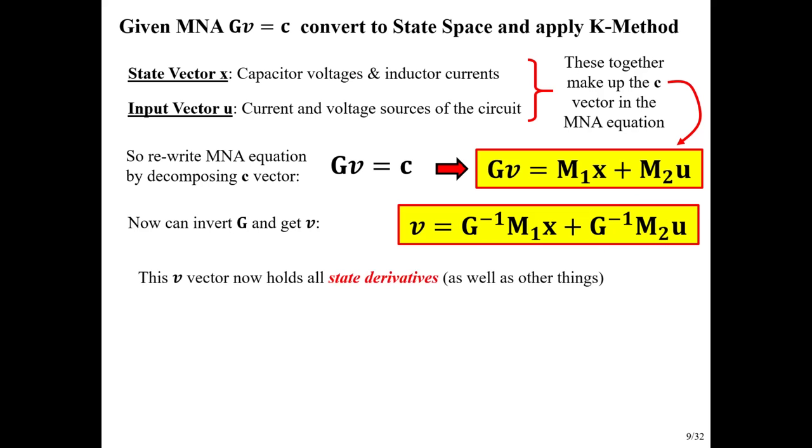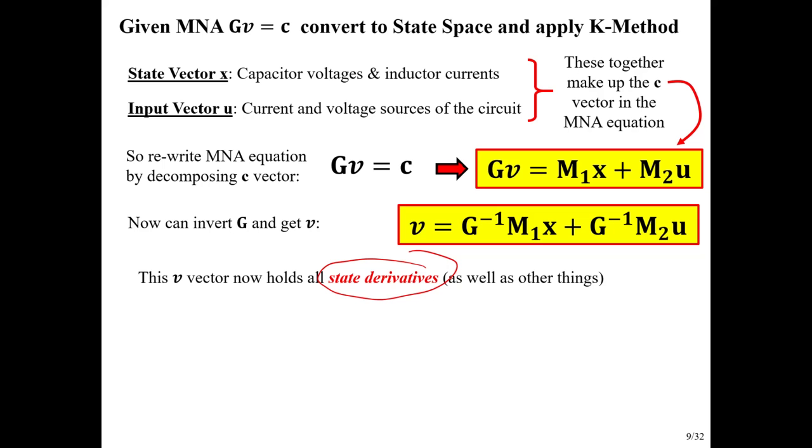Okay. So once we've solved that, in V there's a bunch of stuff, but the important thing for us is that V holds all the state derivatives, as well as other things. You can go back and look at the previous slide to see what those other things are, but these are what we want.